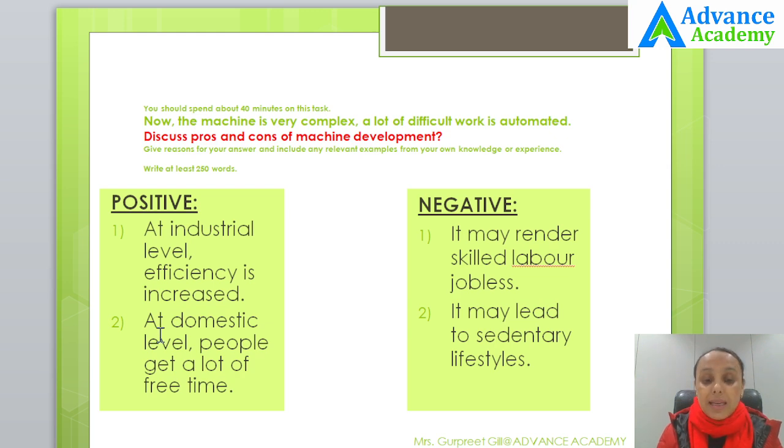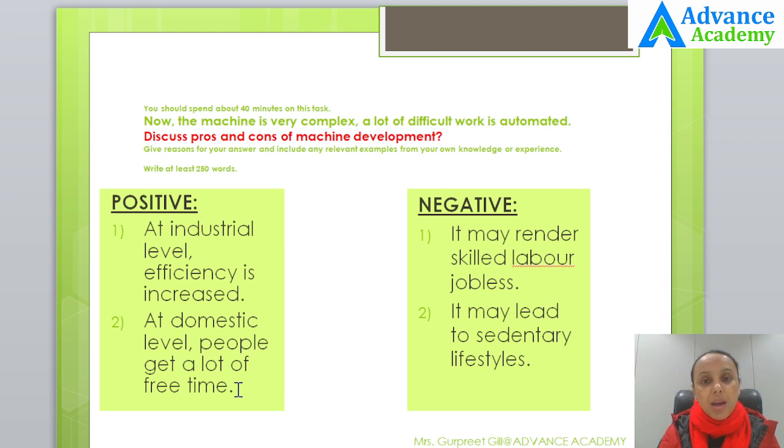And for the second point, you may write that at domestic level, people get a lot of free time. So if the machines are used at homes, for example, we use washing machines or automatic vacuum cleaners or dishwashers, then of course it will free the time that people in the house use for doing their laundry or their dishes or cleaning their houses.